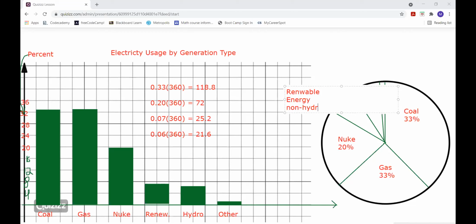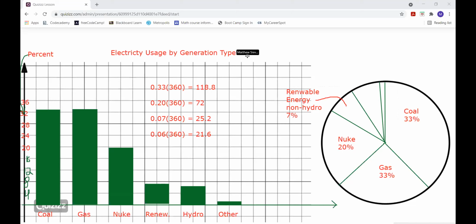But if there's not, you can always do one of these little numbers. You can do this, and you can point. And I probably should put the percentage just to keep with what I've been doing. Non-hydro is 7%, and the next one is 6%.